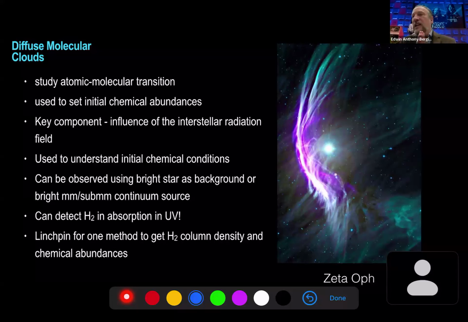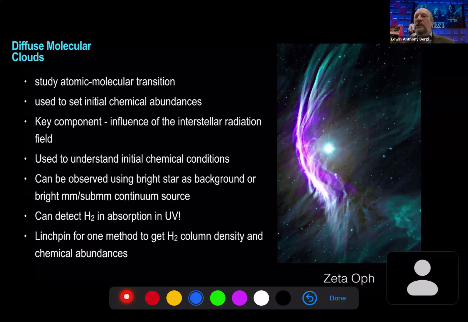That means radiation matters, and it's not necessarily the radiation of the nearest star. The nearest star could be an M star, and they're very puny in ultraviolet radiation, because that's what matters. That's what destroys molecules. But it may be the generic interstellar radiation field.